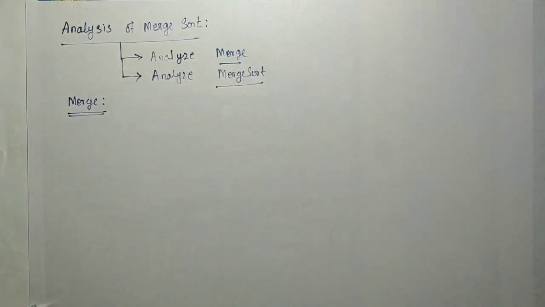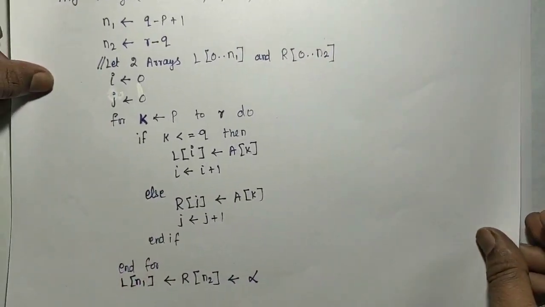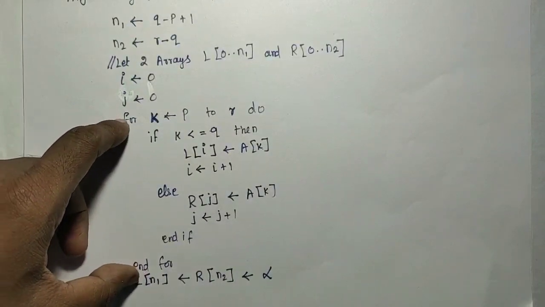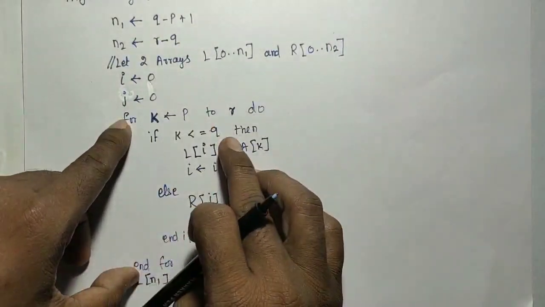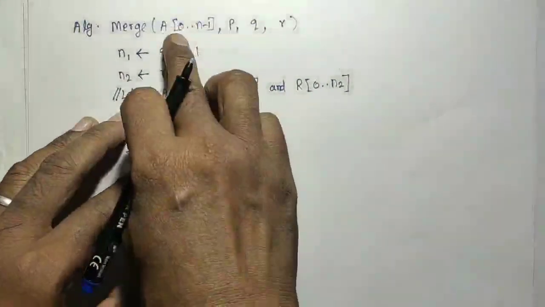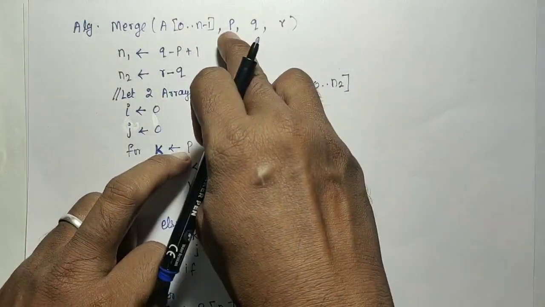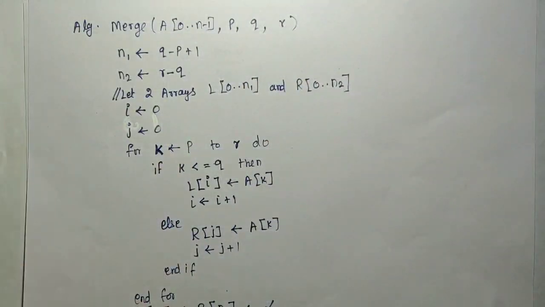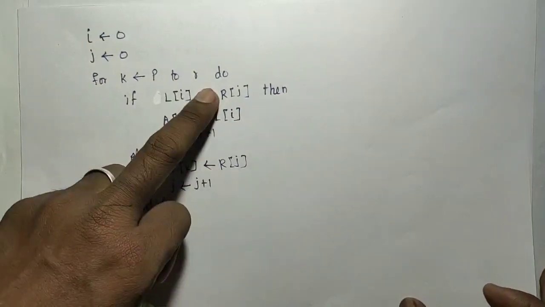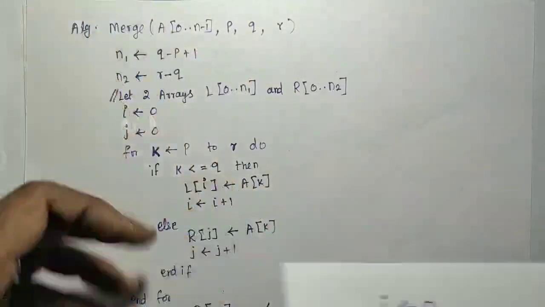Merge algorithm complexity. So just consider this. This is the merge algorithm. In this, mainly we are having two for loops. The first for loop will copy the content of array A to L and R, so that loop will be executed for P to R. In the second for loop, the same number of iterations will happen, P to R, but in this the content of L and R will be copied back to A. That's all.